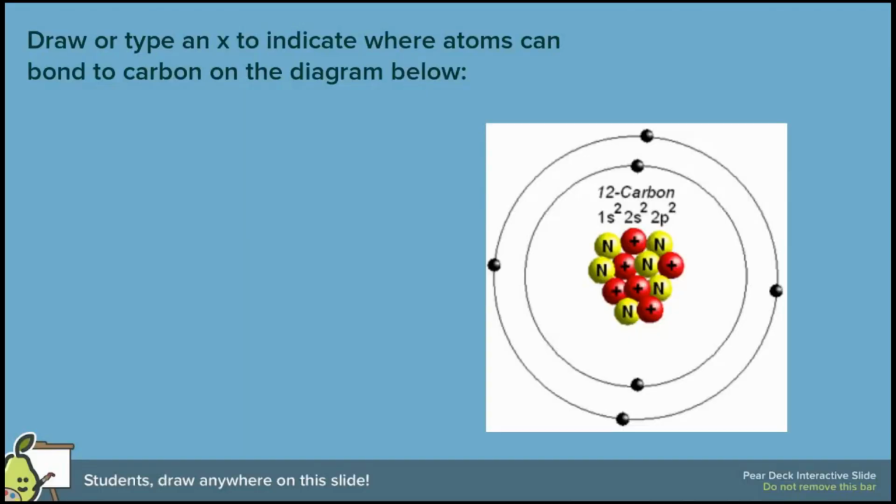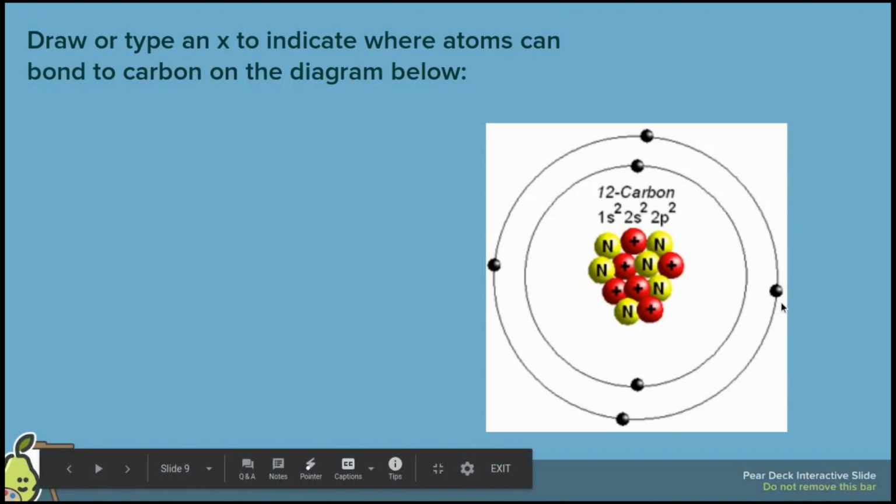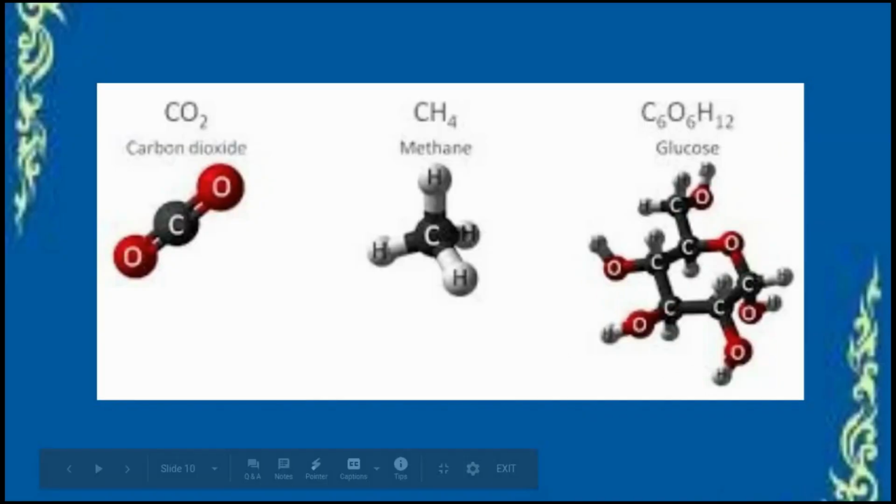So if we look at this, it says draw or type an X to indicate where atoms can bond. So again, 1, 2, 3, 4 different spots. So these are just a couple of examples of how carbon would do that.